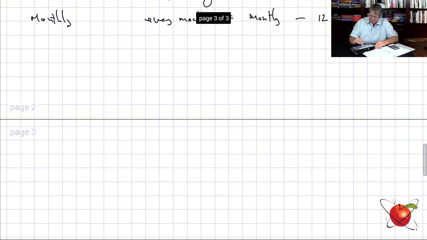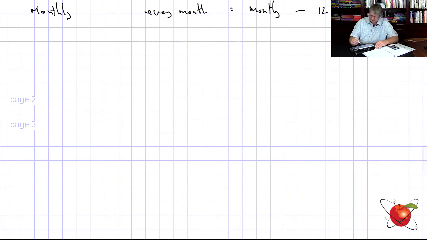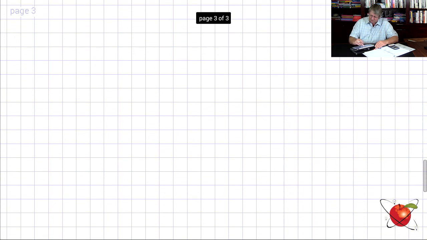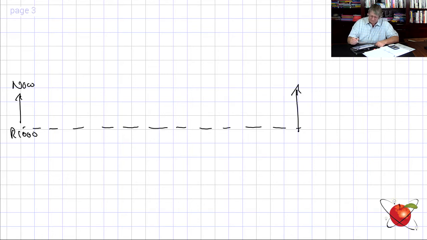Now, essentially, what am I going to do here? I'm going to look at this process. I'm going to take 1,000 Rand now. Let me bring this back down. Remember, now I can actually move on to this page. Let's have a look here. I'm going to say this is now, and let us say that we've got 1,000 Rand. Here's my timeline.